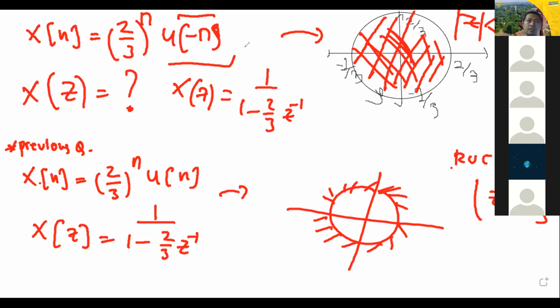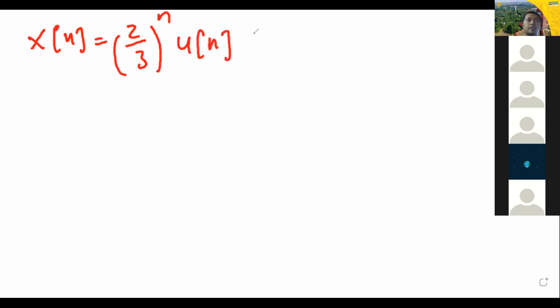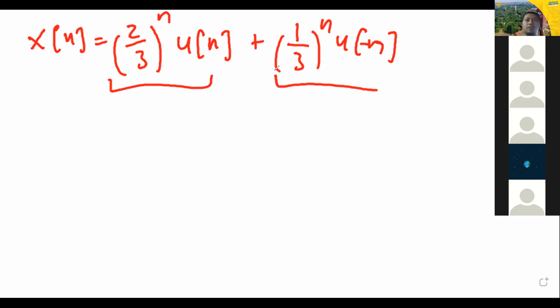Okay, so using these expressions, maybe you can easily, let's say we have the xn being 2 by 3 to the n times un, plus 1 by 3 to the n times u minus n, and then we can easily define the ROC of this.